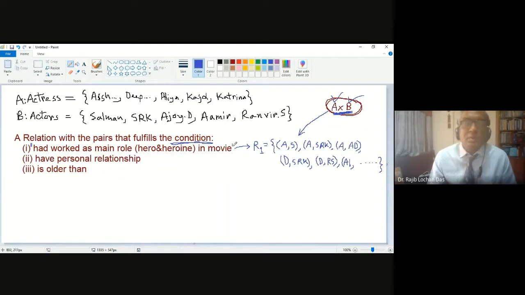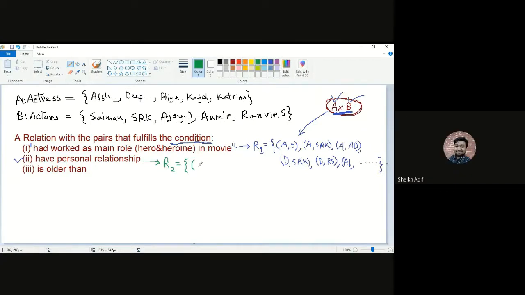So this is the condition for 1. And let us think about number 2. If you think about number 2, then what will be the relation? Who are the pairs? Think about Aishwarya Rai and Salman. They are personally related.